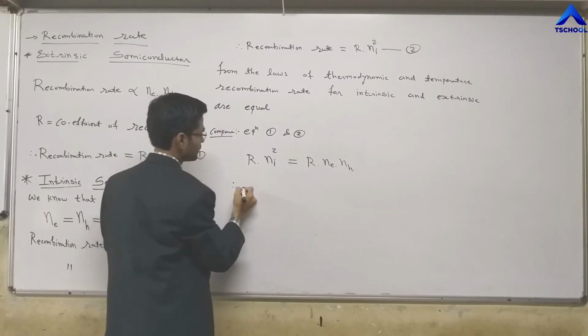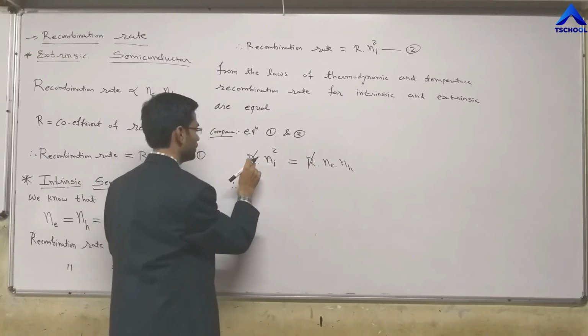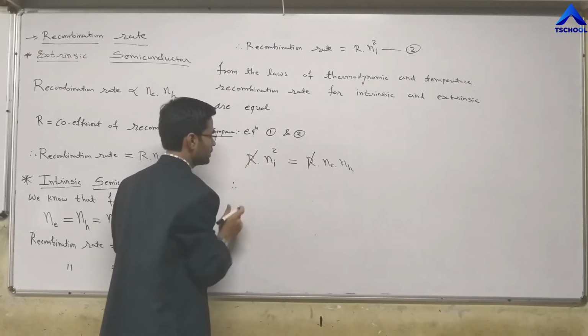The coefficient of recombination rate R cancels on both sides.